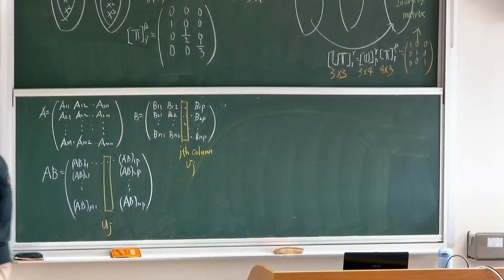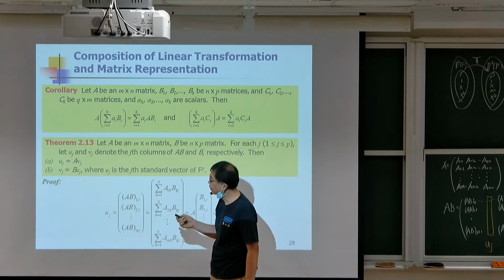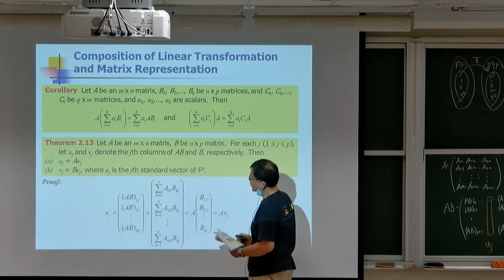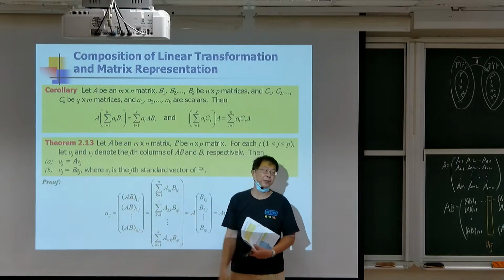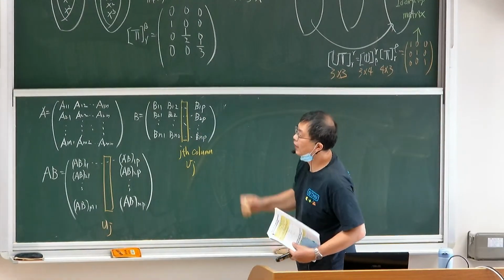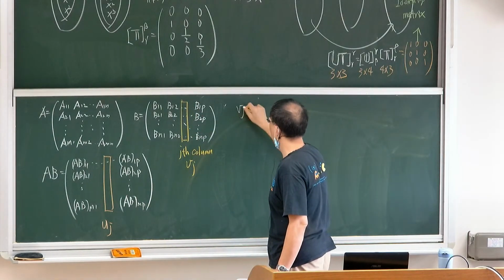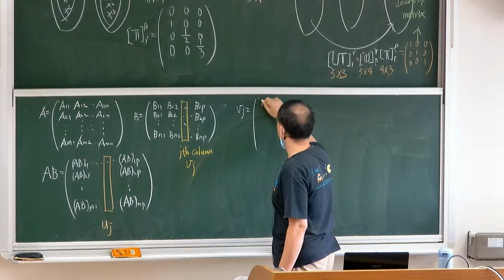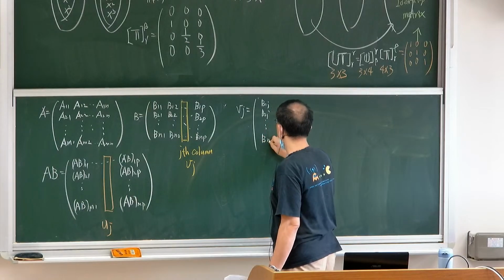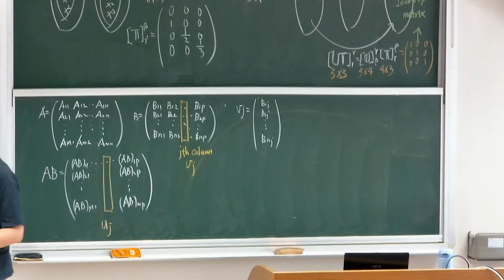So we want to prove that Uj will be equal to A times Vj, and Vj will be equal to B times Ej. Let's prove the second first, because it is much easier. We know the jth column Vj equals B1j, B2j to Bnj, and then we just take B times Ej.